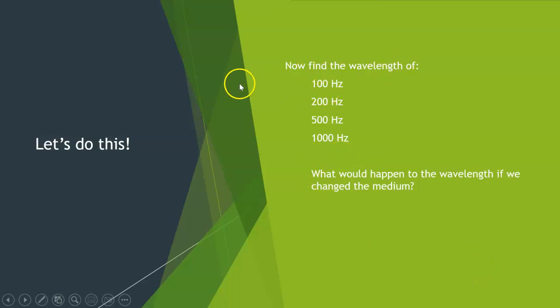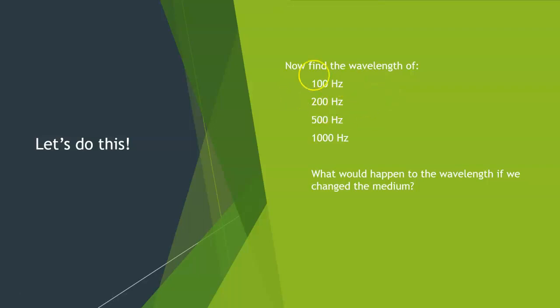All right, so what I want you guys to do, and we'll talk about this on Wednesday, I want you to calculate the wavelengths of each of these frequencies. Okay, so 1,000, 2,000, 5,000, and 1,000. You're going to use that formula, wavelength equals velocity divided by frequency.